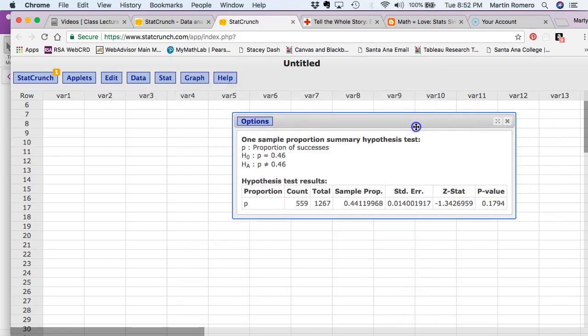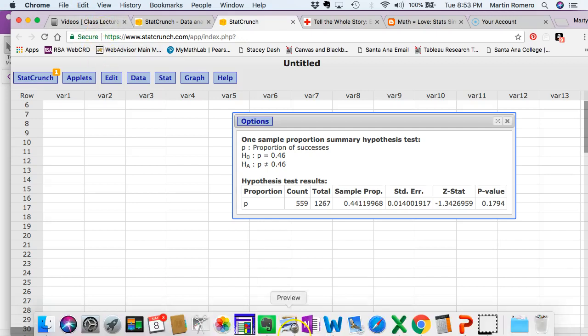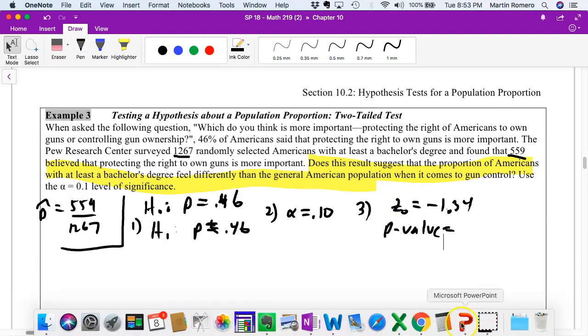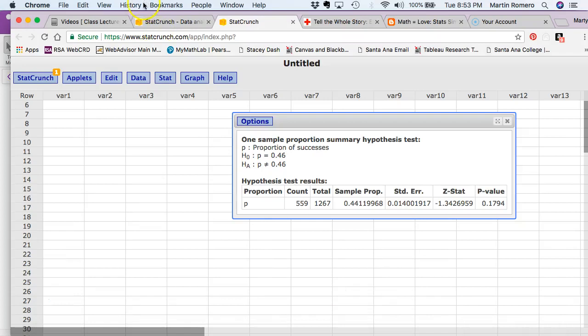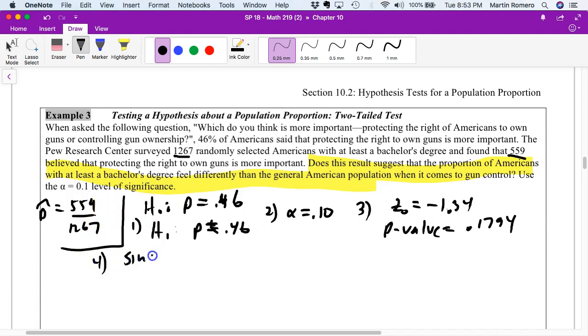Get a z of negative 1.34. Your p-value is not small, it's not low. In this case here, your p-value is 0.1794.